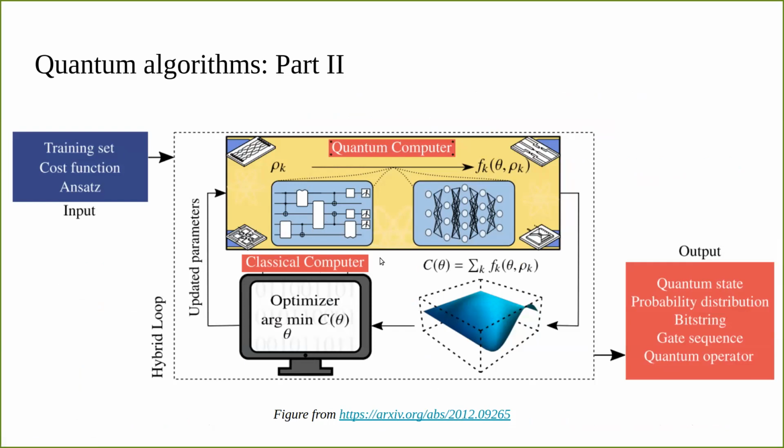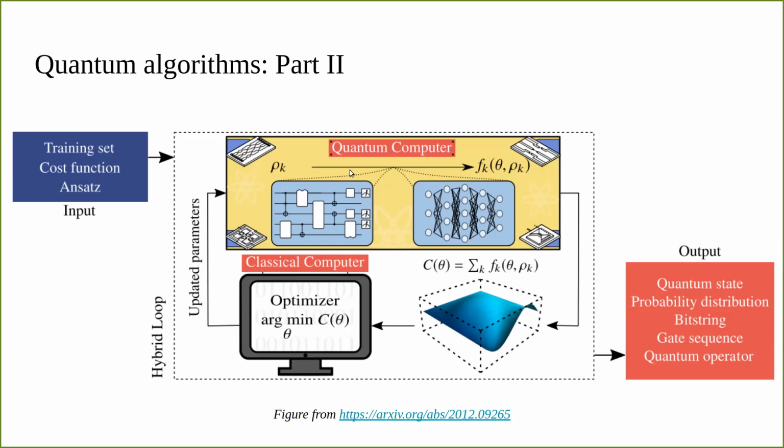The only difference from before is that we still have some quantum circuit. Maybe there's multiple of them. The key difference is that we now take the quantum gates and we parameterize them by some set of angles. So some subset of the gates will have a variational parameter, and the final wave function that we prepare will be parameterized by that as well.